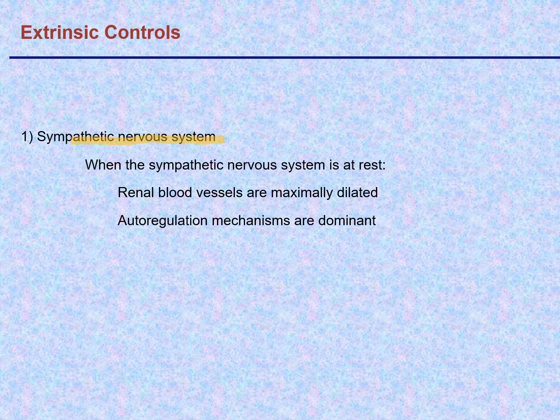The sympathetic nervous system has an effect in that at rest, in other words, when a person is relaxed and has more parasympathetic output from their nervous system, renal blood vessels are typically maximally dilated, and autoregulatory mechanisms are the dominant force that are regulating the GFR and maintaining it within that appropriate zone, neither too high nor too low.